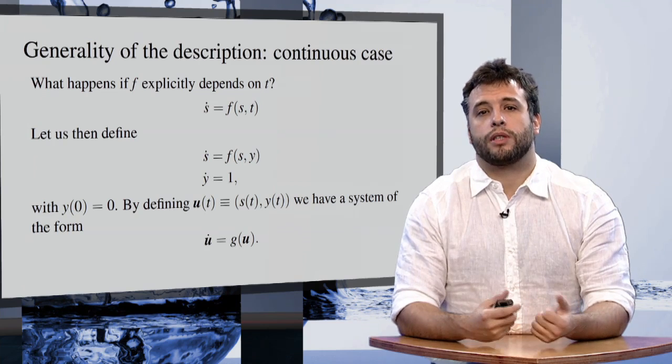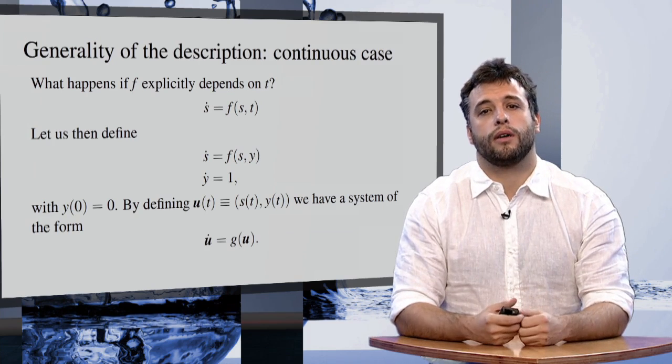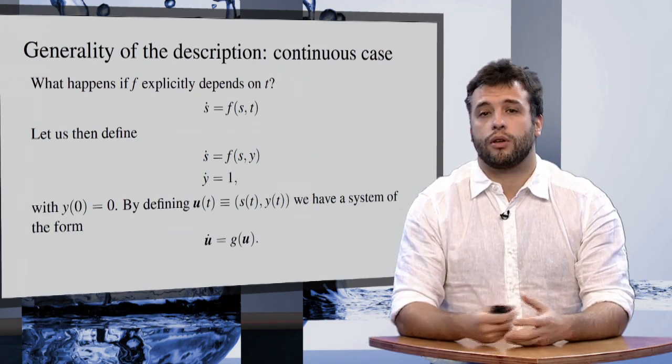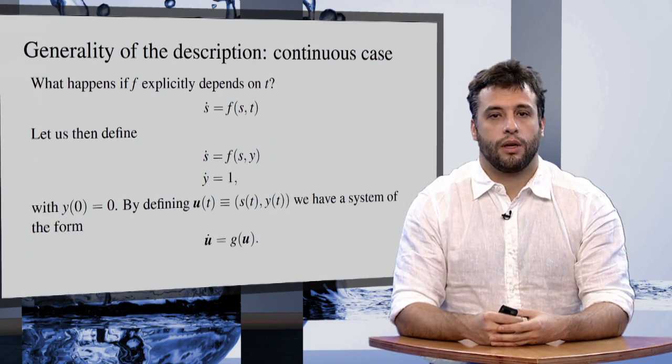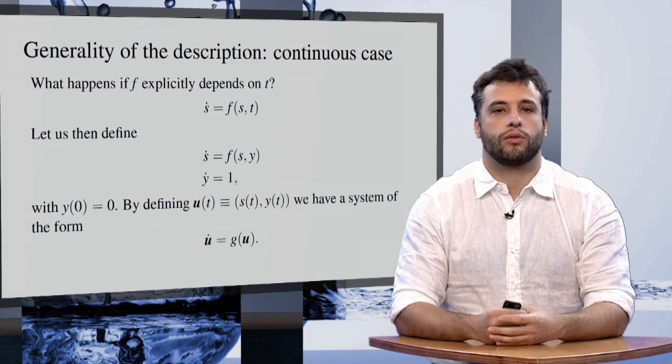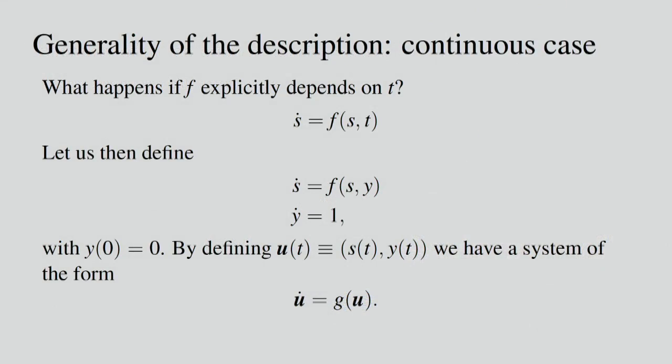Now, what happens if our function depends, so f depends on s and on t? Is this equivalent to just having the notation s dot equal f of s? As we see on this slide, we can do exactly the same trick as we just did for the second derivatives.